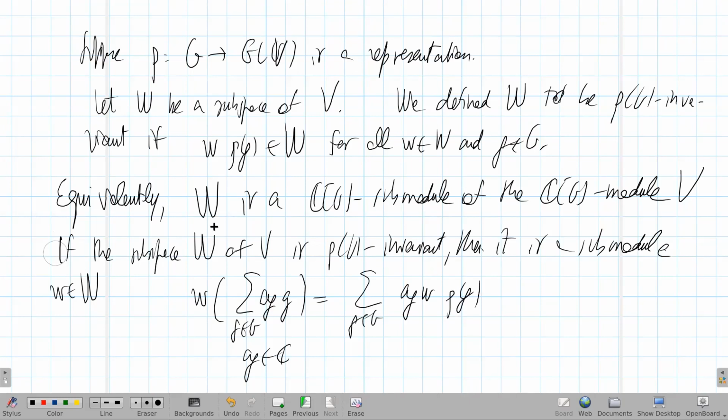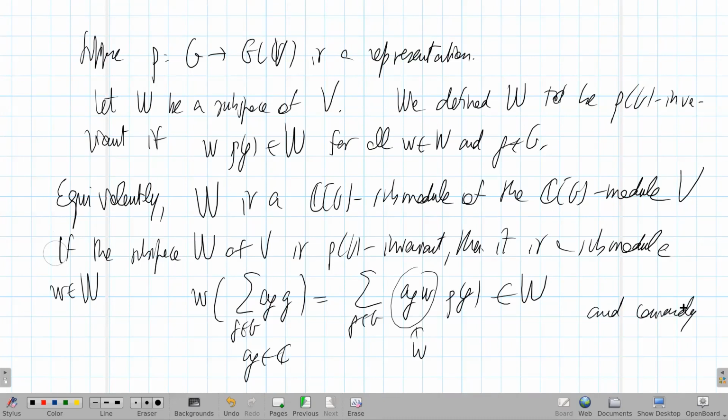But you see, W is a subspace, so this is still in W, and W is rho(G) invariant, which means that once you apply rho(g) to an element of W, you're still in W. So this is an element of W, because you're applying rho(g) to an element of W. So you see that W is invariant under scalar multiplication, say, by elements of the group algebra, and conversely.